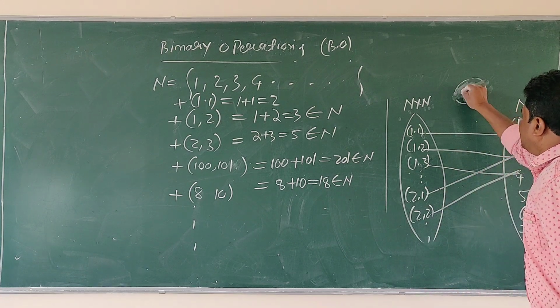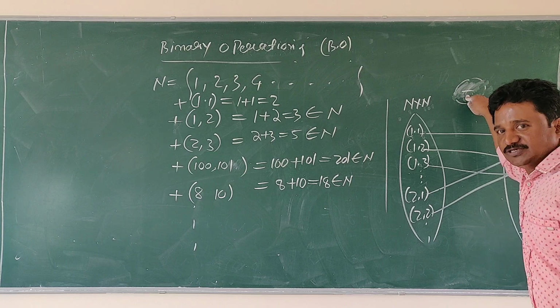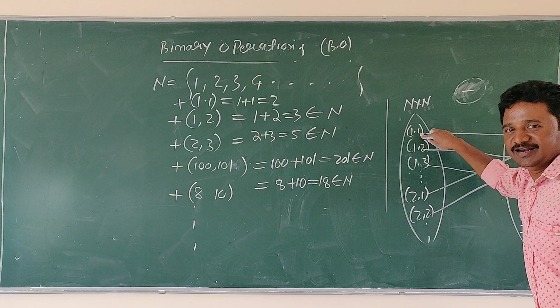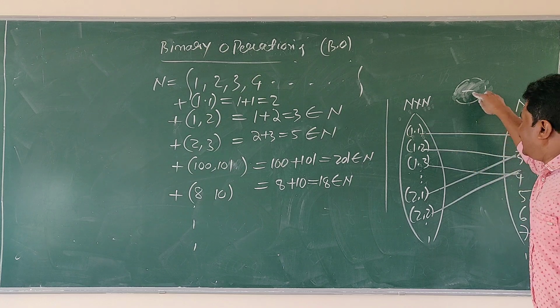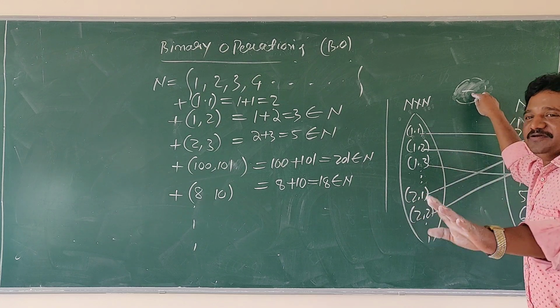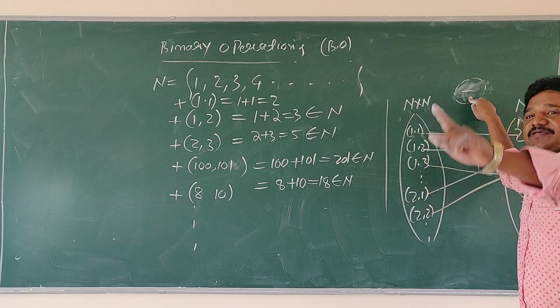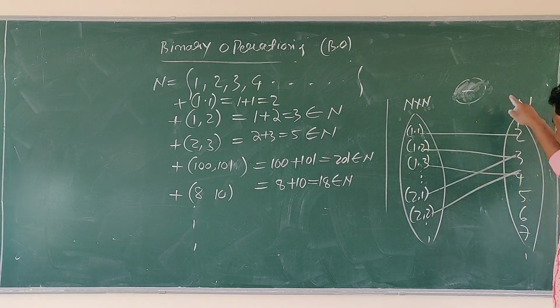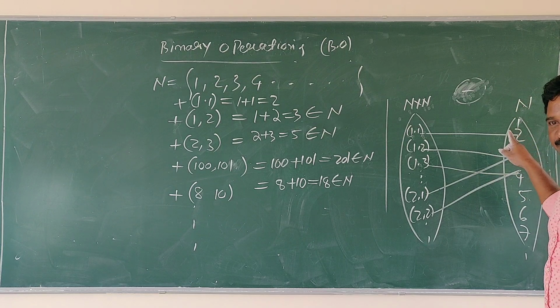Is minus a function? Let us check. 1 minus 1 is 0. Minus is not a function. When we say this is a function, it should relate every element of the first set with an element of the second set.